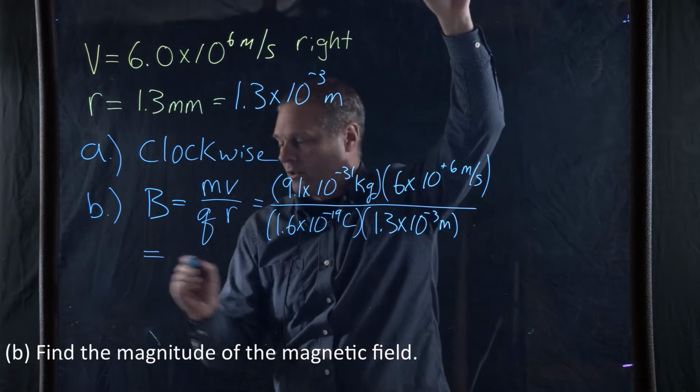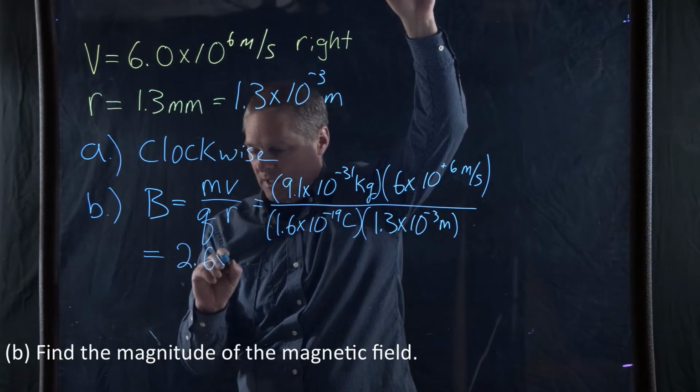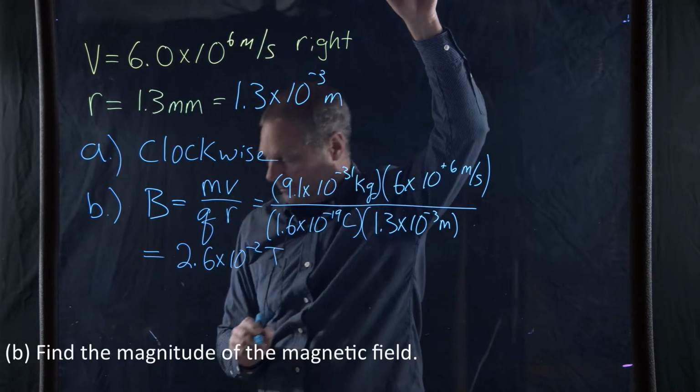If we go through and do the arithmetic very quickly, we end up with 2.6 times 10 to the negative 2 Tesla.